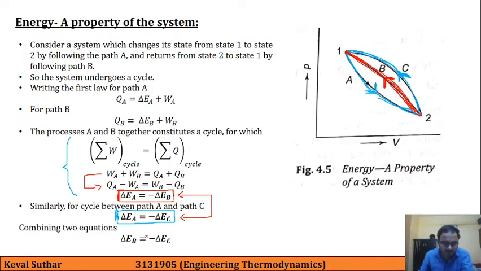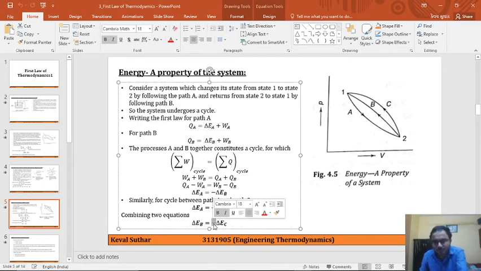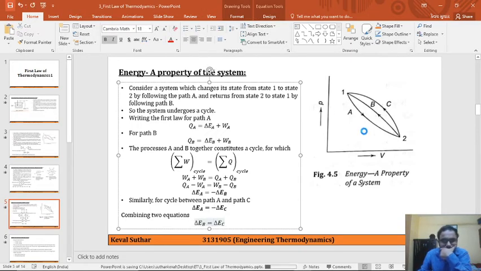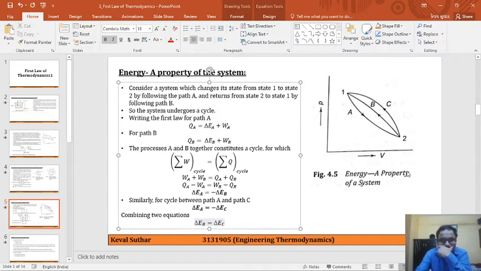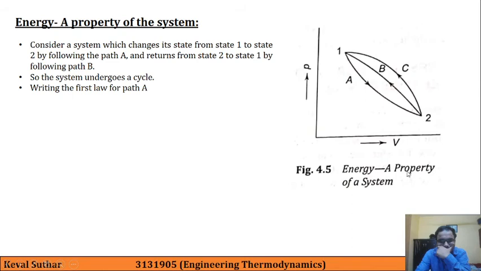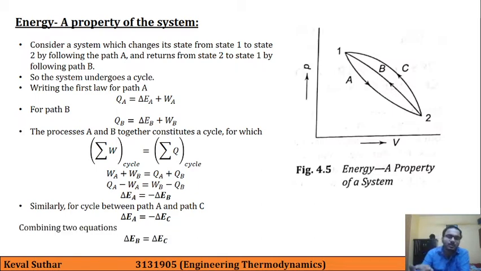Here actually the negative sign should not be there. So we have obtained this formula that delta EB is equal to delta EC.